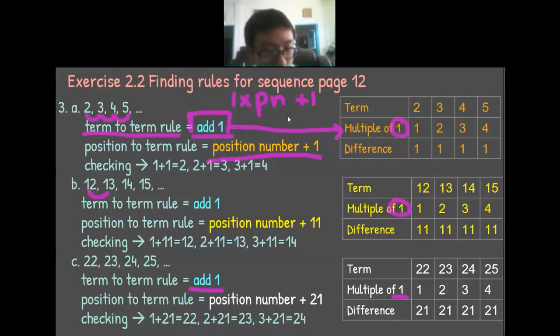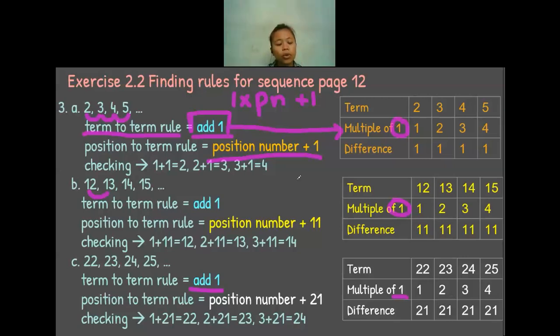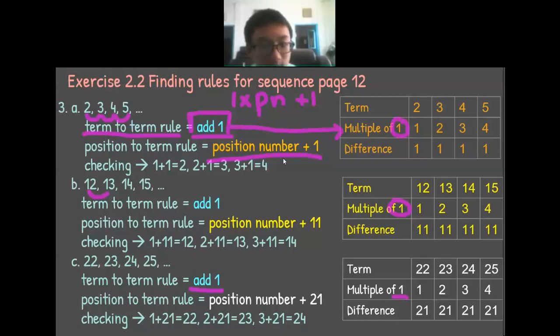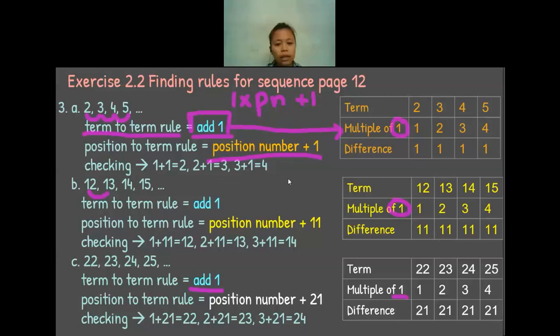Is there anyone who is confused so far before I move to the next question? No, teacher, I'm not confused. Okay. Yes, Ken, I can see you chatting. What happened, Ken? You cannot hear me? Is my voice not audible? I think it's only for him, I guess. Okay, if no one has any questions, I will move to the next question.